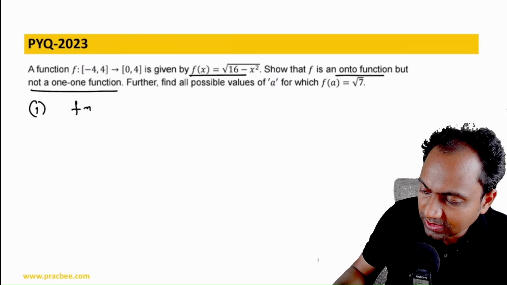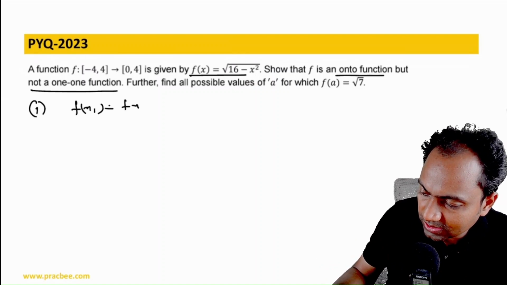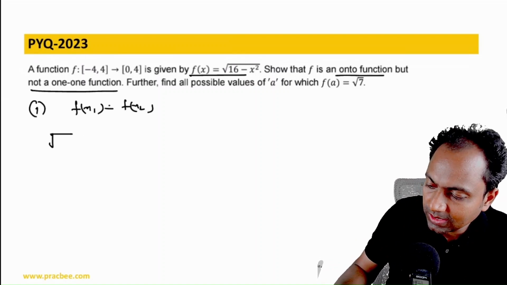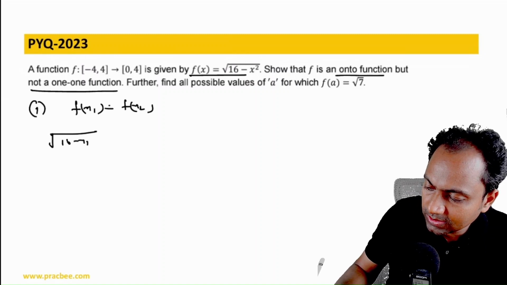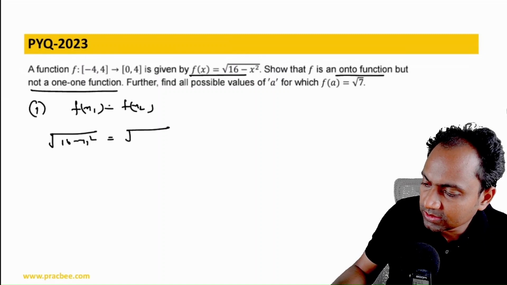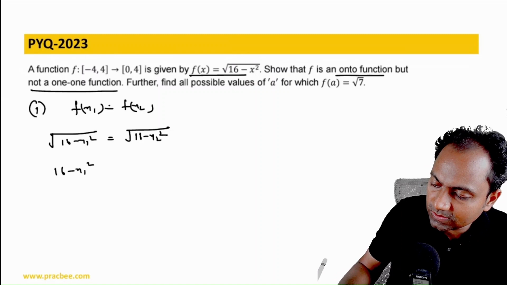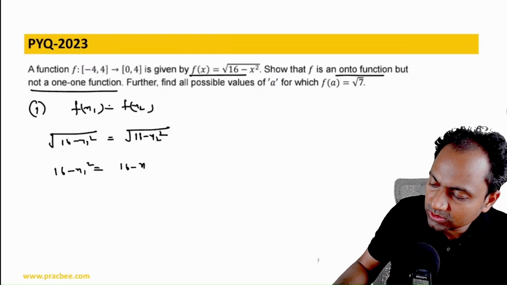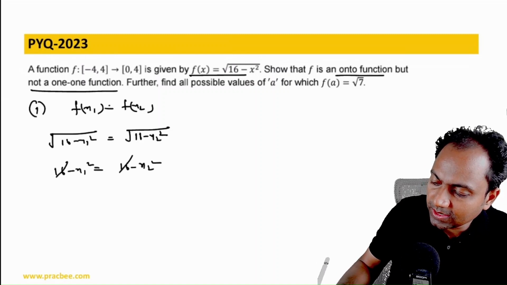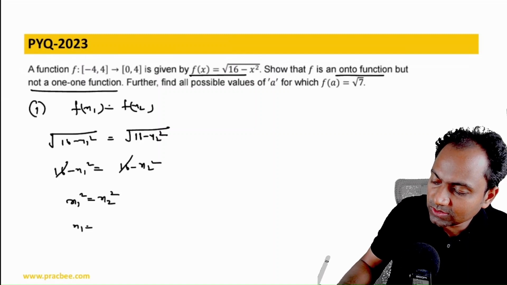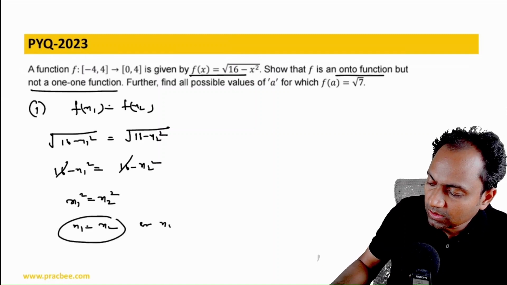What we are saying is f(x1) is equal to f(x2). Let us write this. Here I can write root of 16 minus x1 square is equal to root of 16 minus x2 square, and if I square it, 16 minus x1 square is equal to 16 minus x2 square. 16 will get cancelled out. So x1 square will be equal to x2 square. x1 is equal to x2, this is one solution, or x1 will be equal to minus x2, another solution.